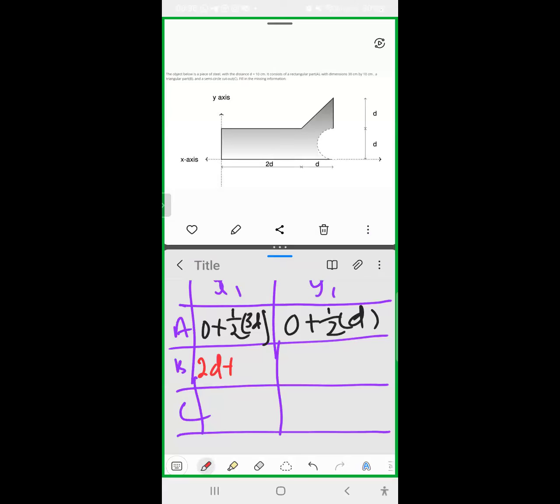For a right angle triangle, the x coordinate of the center of mass is 2/3 of its base. So the base is only d units.